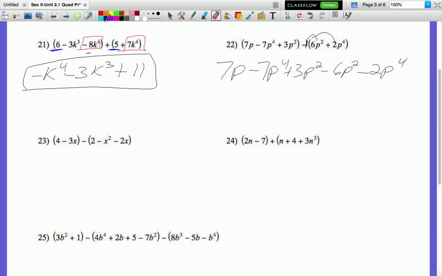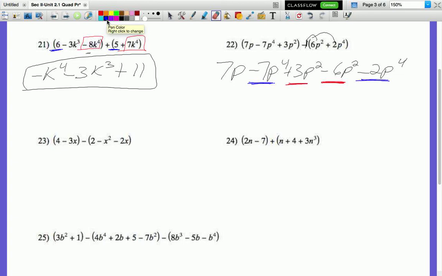Now I go through and combine like terms, the same variable with the same exponent. I have a -7p to the fourth, and I can combine it with that -2p to the fourth. I have positive p squared and -6p squared. Remember, the variable with the highest exponent has to come first.